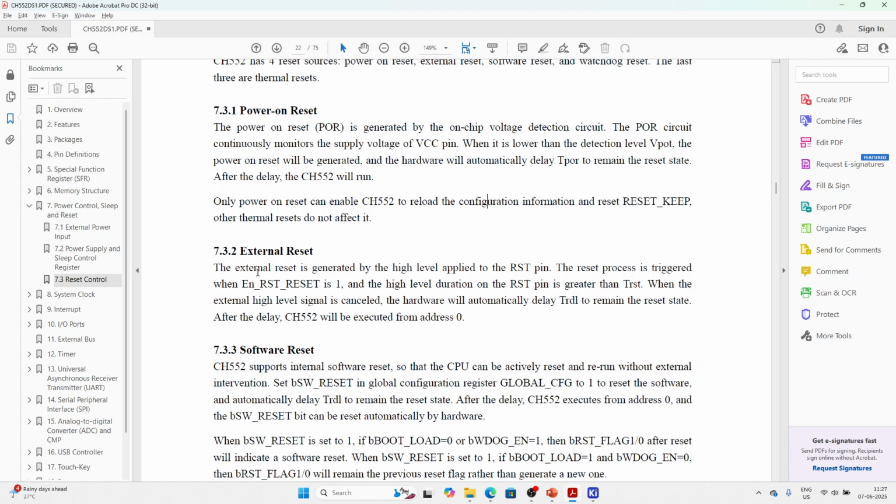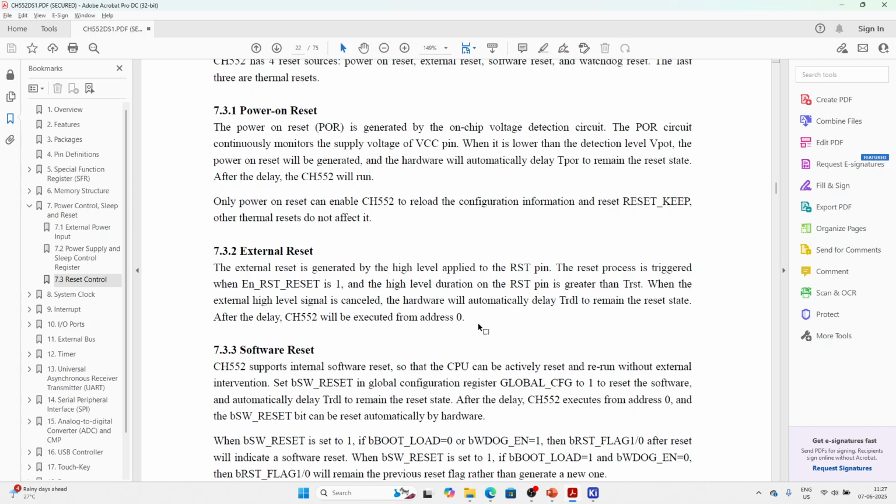Here it says that external reset is generated by a high level applied to the reset pin. The reset process is triggered when EN reset is 1 and the high level duration of the reset pin is greater than the threshold. When the external high level signal is cancelled, the hardware will automatically delay TRDL to remain in the reset state. After the delay, the CH552 will be executed from address 0.